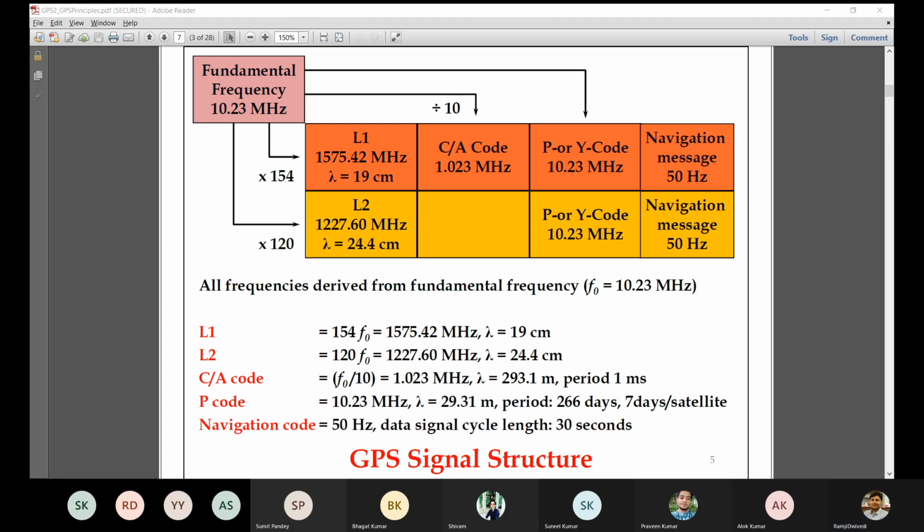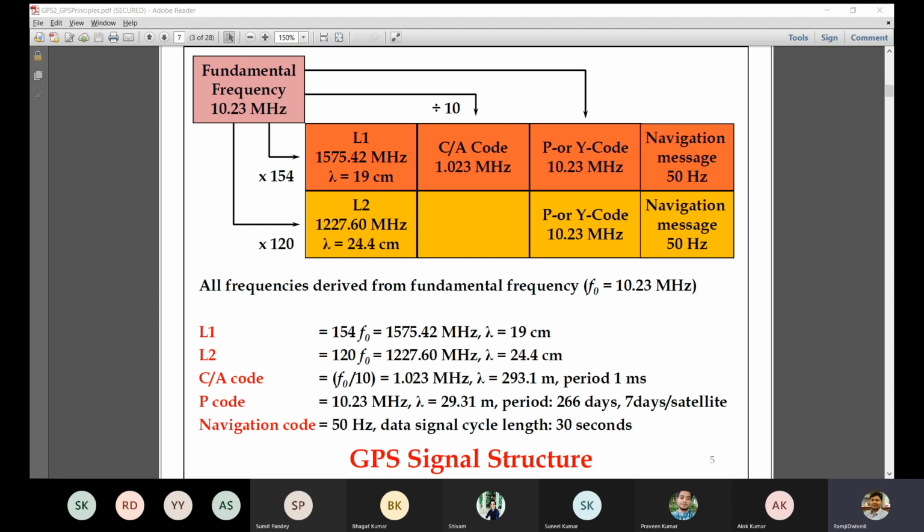Because you have to transfer the P code information also, and at the same time you have to inform the CA code also. So how it is modulated, that's the one thing.